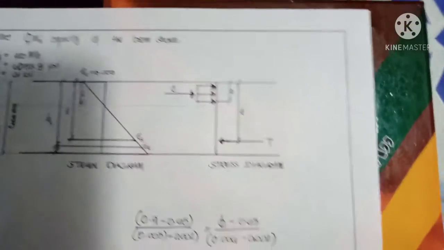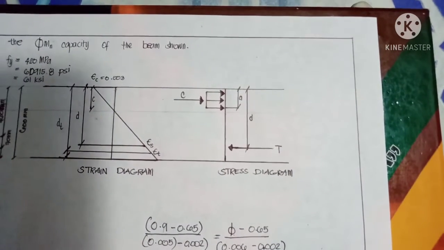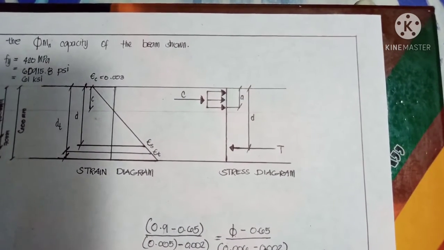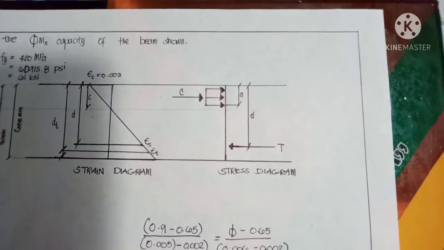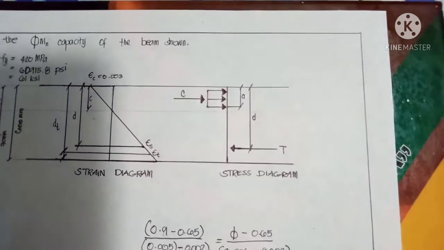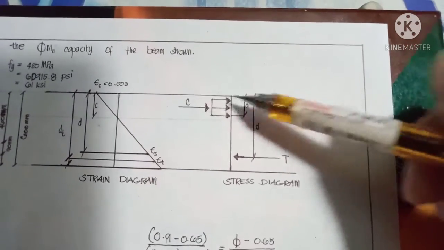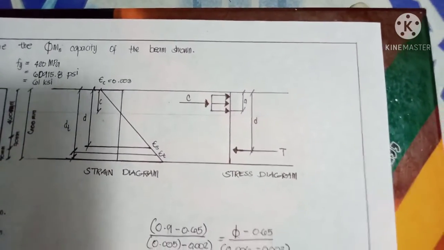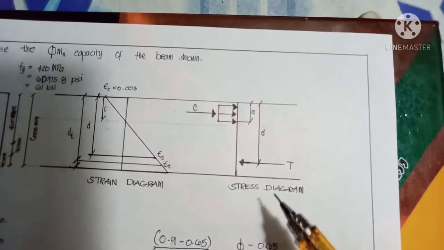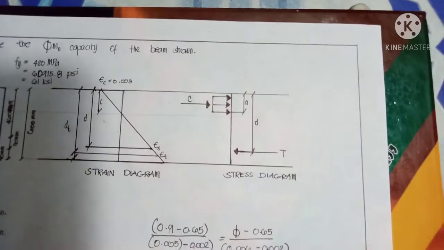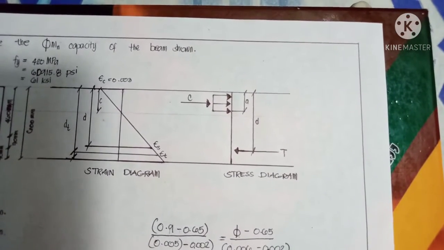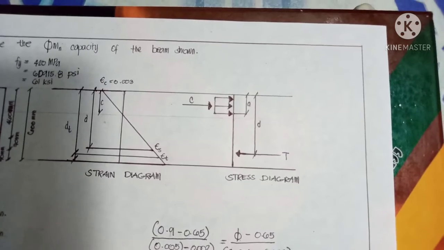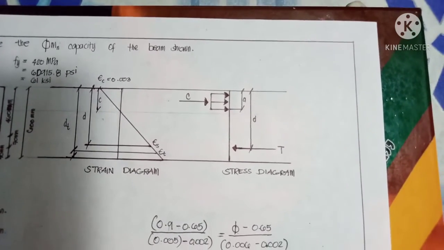Now, at the stress diagram, we've got our compression force acting at depth a. This one, compression force. And we've got the tension force, which is equal to the area of steel at the bottom layer of the beam times the stress of the steel.